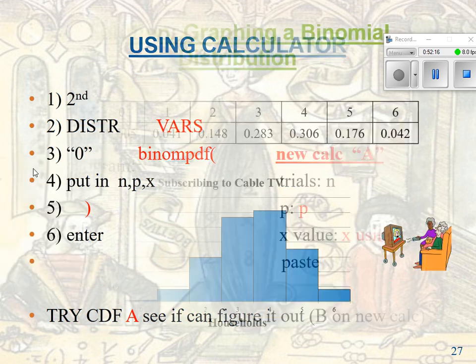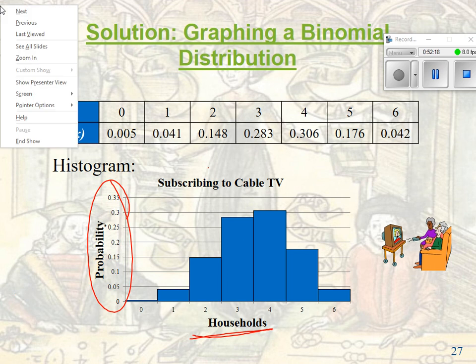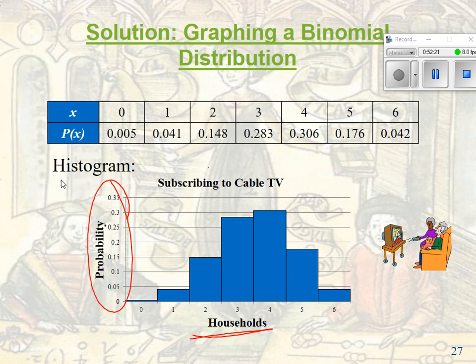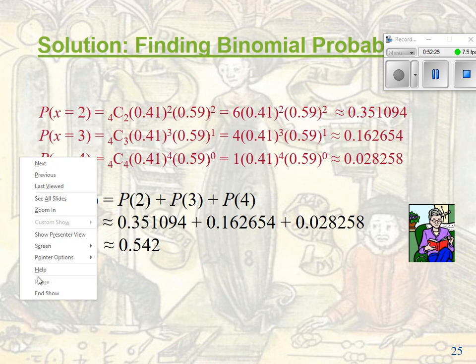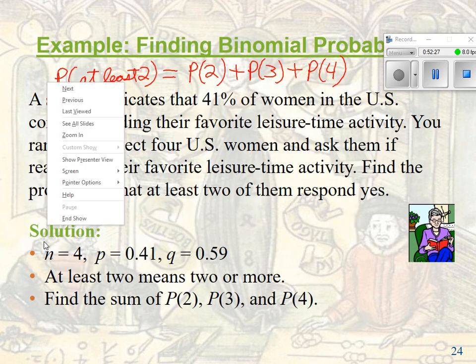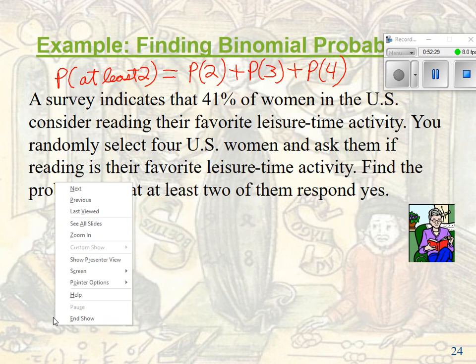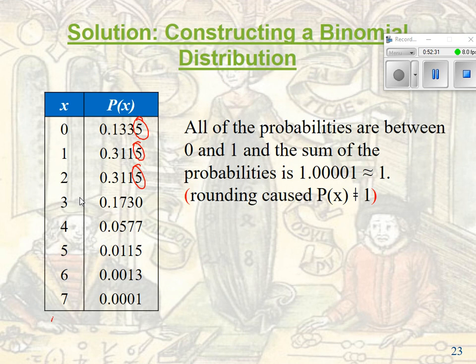So if I go back to that problem that we were doing, and I would hope you don't have to do this for 7 like we just did, what we're finding out when we're using CDF is what all the probabilities from 7 down total up to.